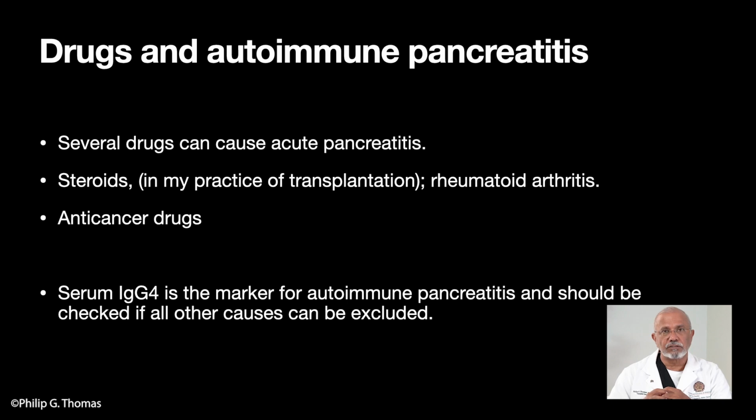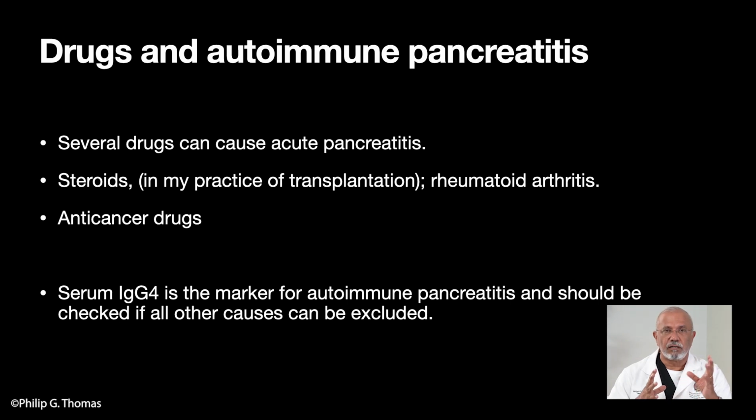Anti-cancer drugs can cause acute pancreatitis. And as it happened in this patient, the only etiology we could determine was that he was taking a medication to lose weight. And this is the new medication, which is now the rage all over the world. Ozempic is the one that he was taking, and we had to stop that while his pancreatitis recovered.